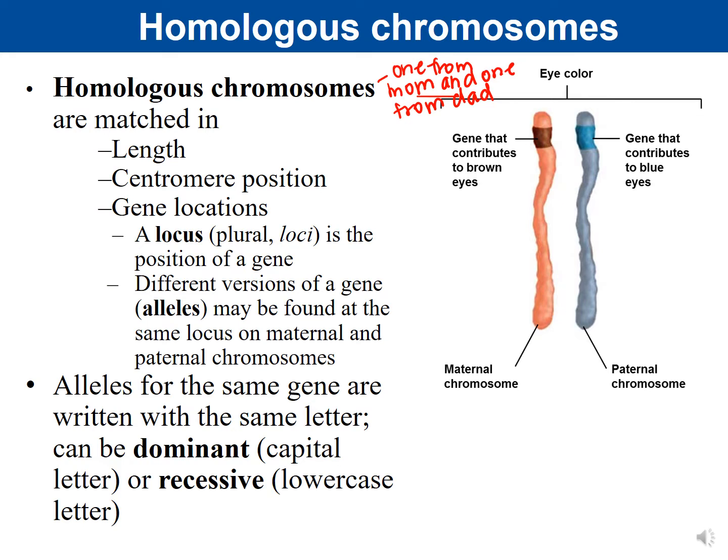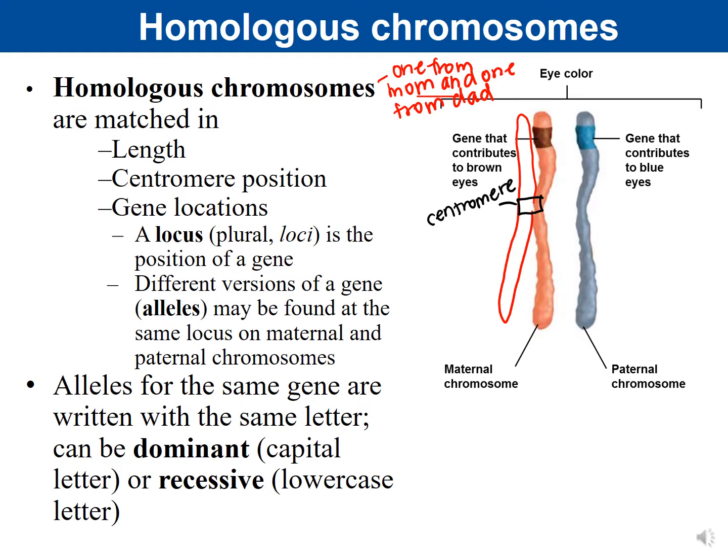Now, what that means is that if we were to look, here's this red one. This red one is actually going to be linked to another red one, and it's going to be linked together at what's called the centromere.